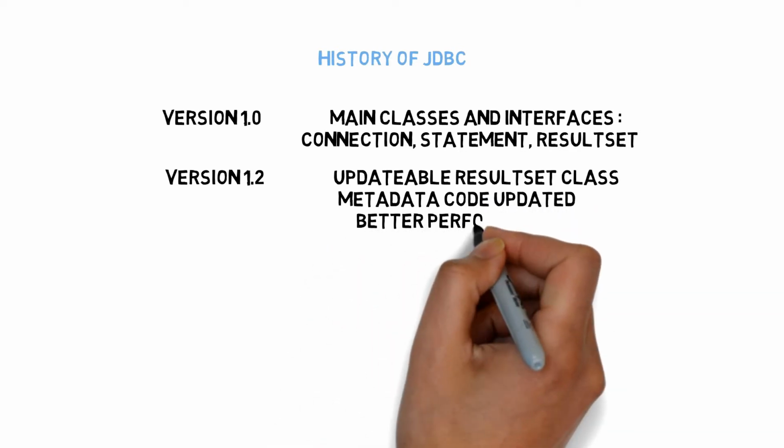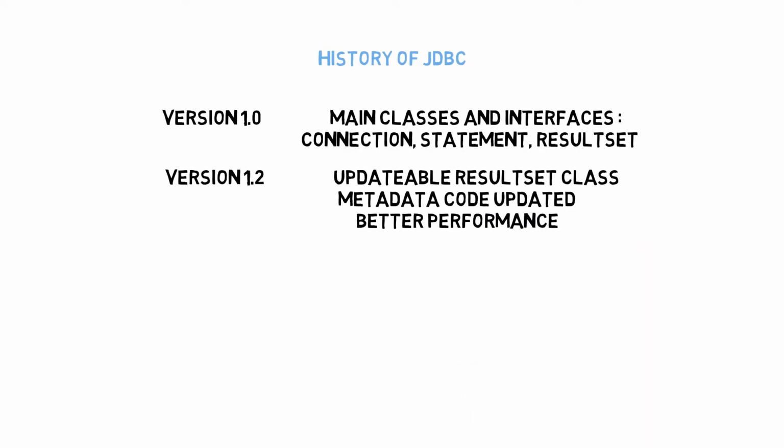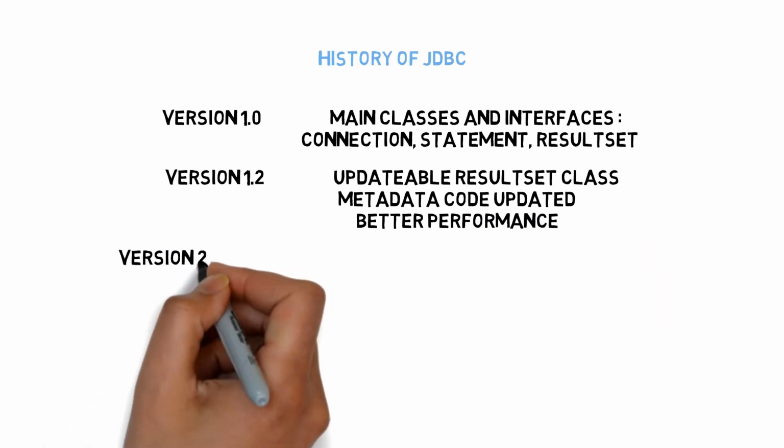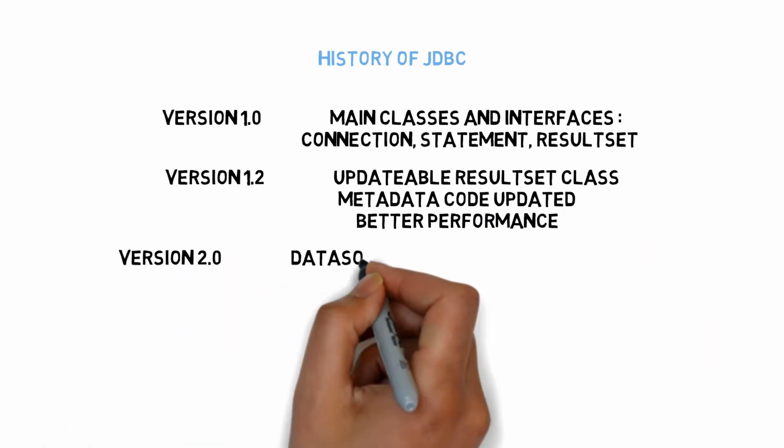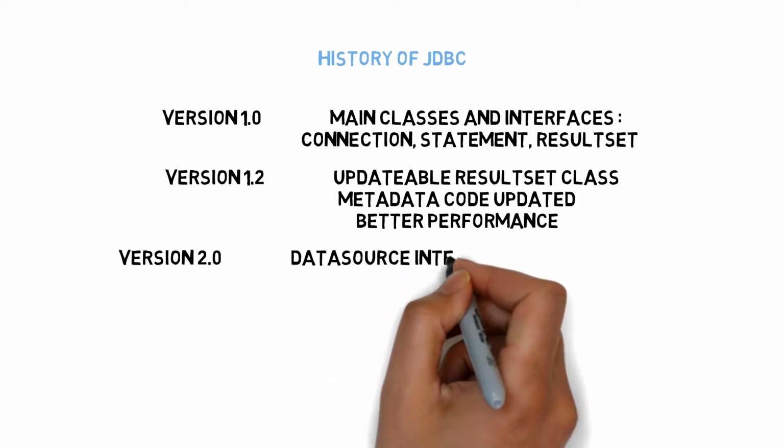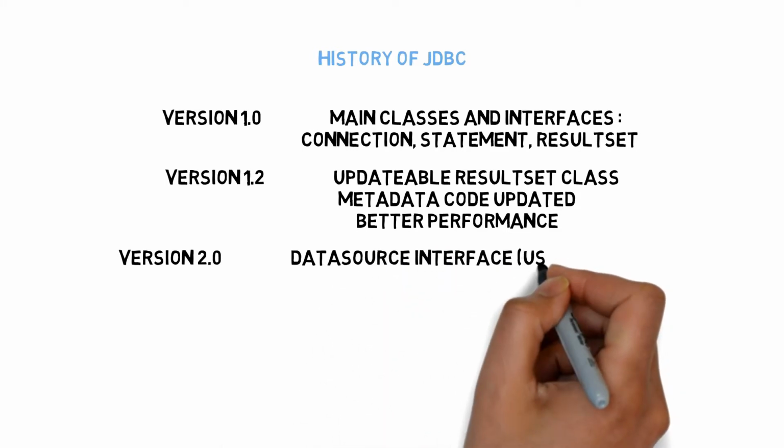Later versions of JDBC improved the features of the API, including the ability to update your data without SQL, improved performance, pooled connections, scrolling, and more data types.